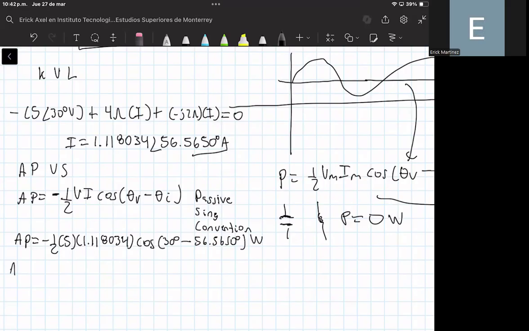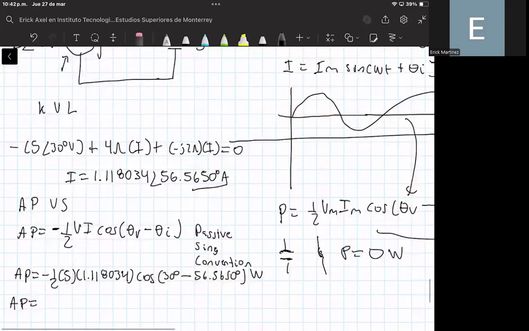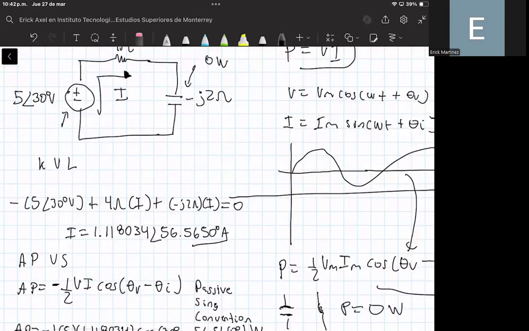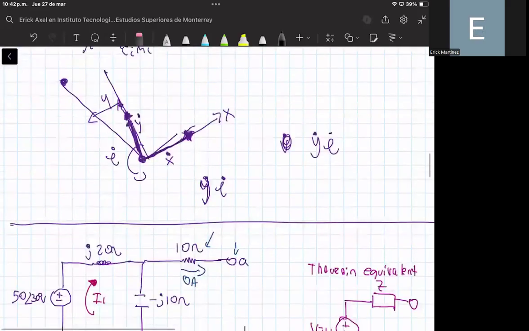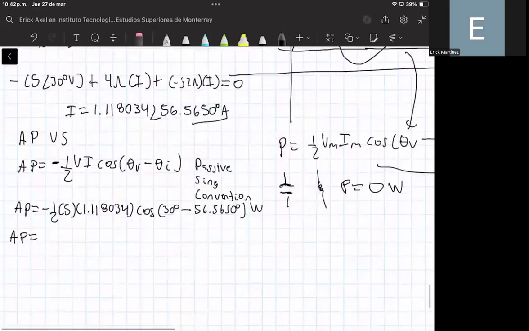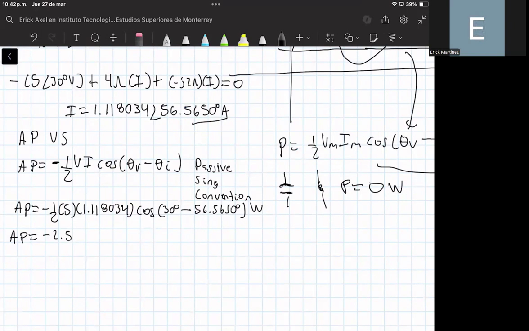So the average power of the voltage source is equal to minus 2.5 watts.